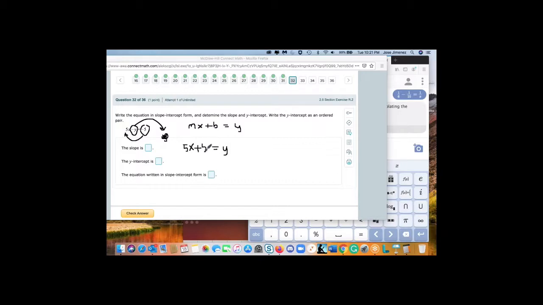Remember, every time that you switch from the left to right or from right to left, you have to change the sign to the opposite. So that's what we did. So we have 5x plus 5 equal to y. That's the slope. That's the b, which is the y-intercept. And that's all they ask you. So the slope is 5.